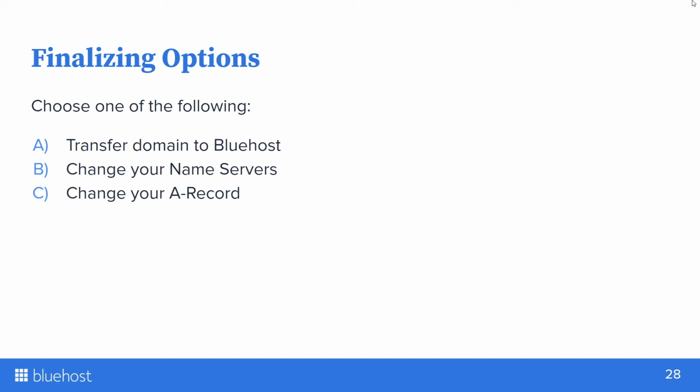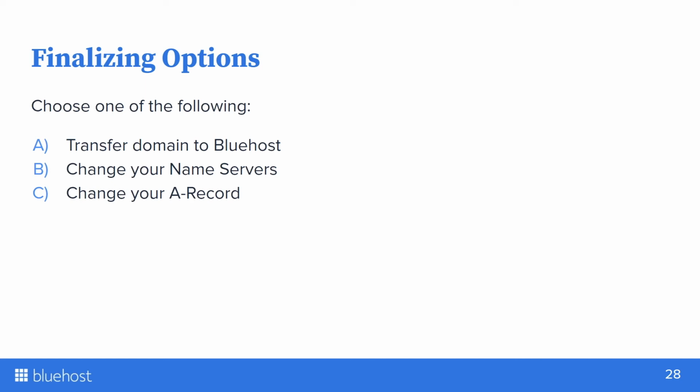Now, the first option is going to be transferring your domain to Bluehost. And a domain, just as a quick recap if you're unfamiliar, is what you type in your browser bar to visit a website, like mycoolwebsite.com. That is your domain. And you might have registered this domain with a third party or your previous host. So you can call them up and say, hey, I'm looking to transfer my domain from you guys to Bluehost.